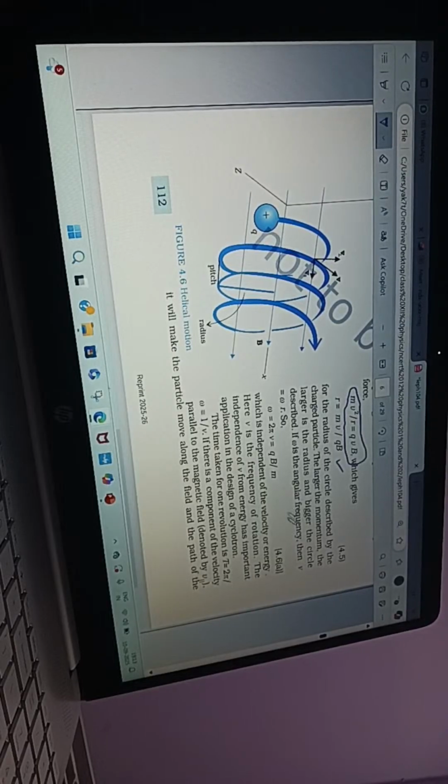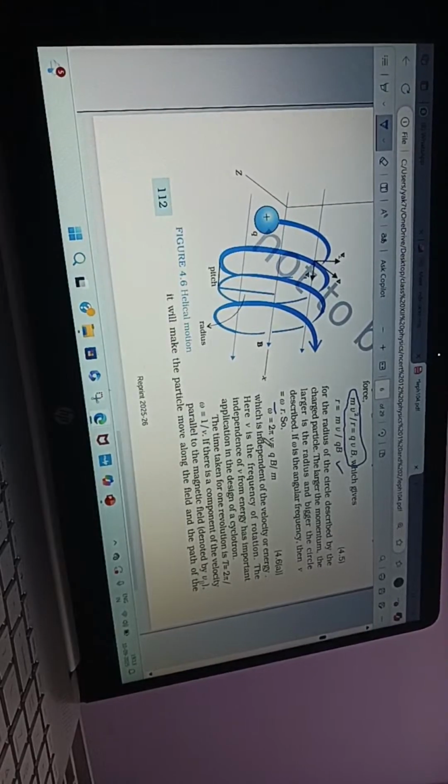Okay, and V is equal to R omega, you know already. And omega is angular frequency, 2 pi nu. This they will also ask sometimes: find the angular frequency. V is equal to R omega. R we have already studied on the top; this is the one we got.